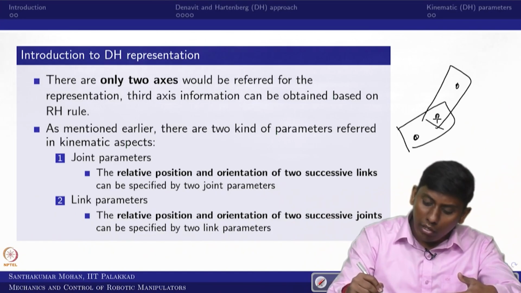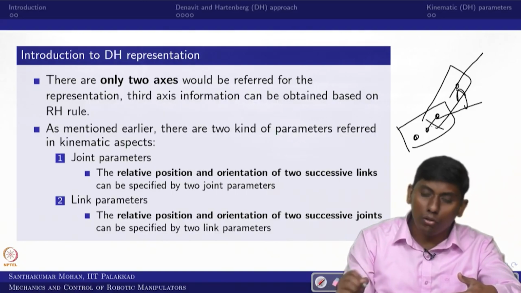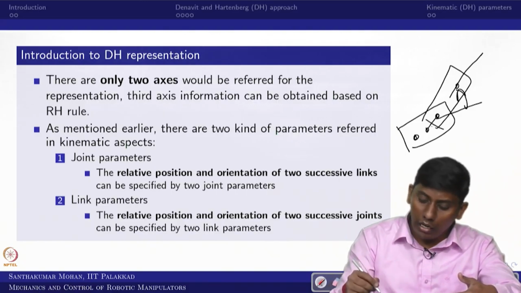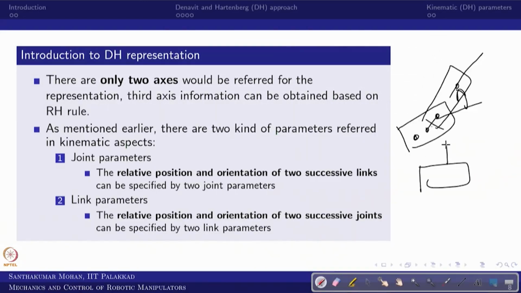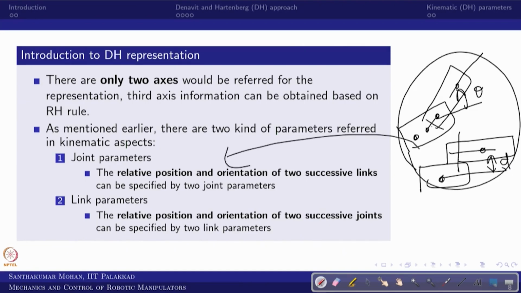The joint gives the frame to frame distance as well. In the top view, this is what I call the distance and this I call the orientation. So these are the joint parameters.